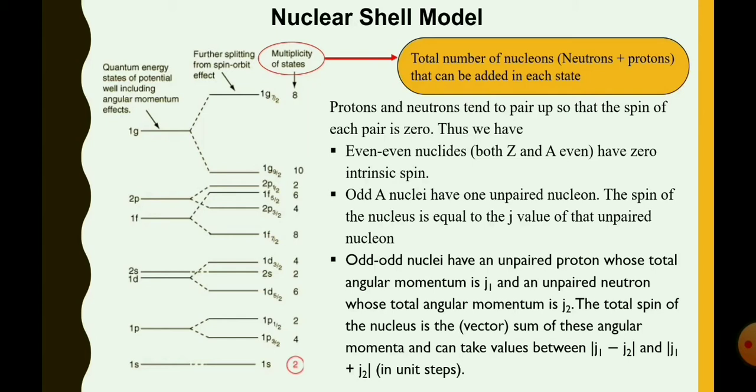In that case, the spin of the nucleus is equal to the J value of that particular unpaired nucleon. The J value is, like in this case, if we have 1d 1/2, then 1/2 will be the J value. The third one is when we have odd nuclei. In that case, the total angular momentum will be the vector sum of the angular momentum of the individual unpaired neutron and proton.